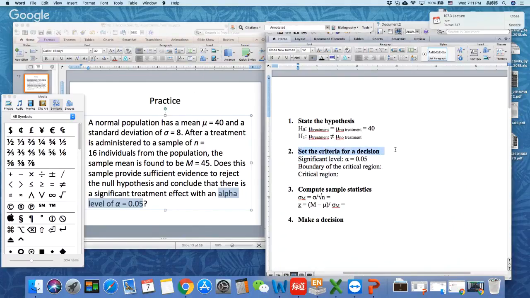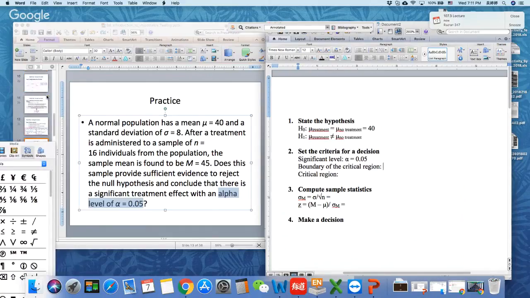And then we set the criteria for the decision. So here we know the significance level is alpha equals 0.05. And then we are going to find the boundary of the critical region, right?